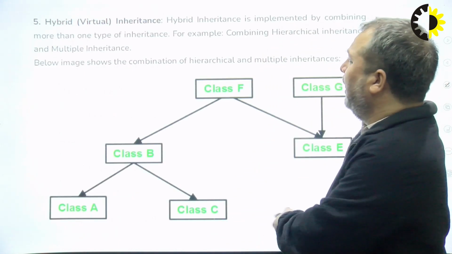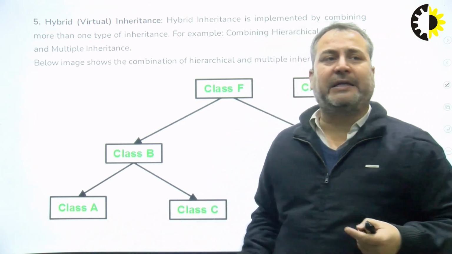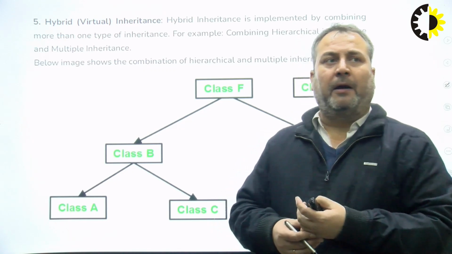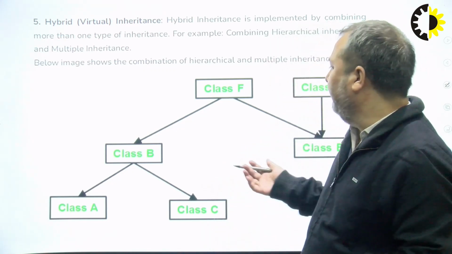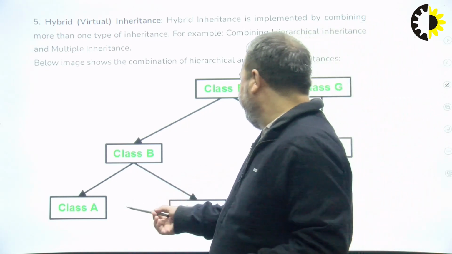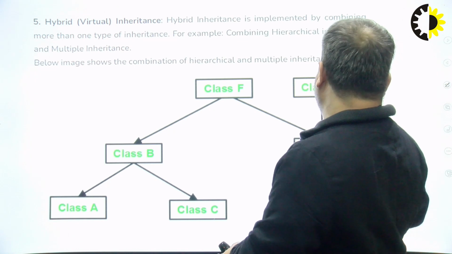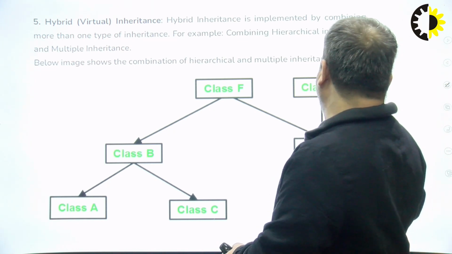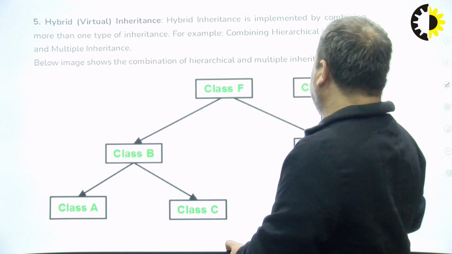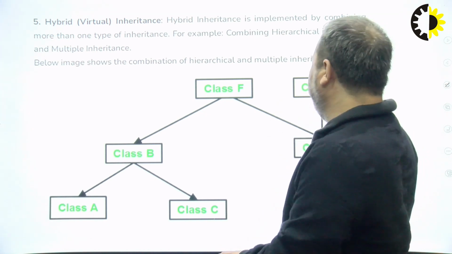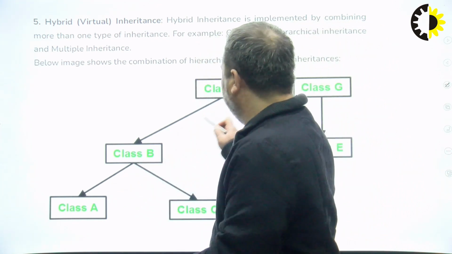In hybrid, or you can say virtual, inheritance, the inheritance exhibits more than one type. Like see here, this class E is going to inherit the property of F and G. So here is multiple inheritance, more than one base class, and here we can see this is multi-level.